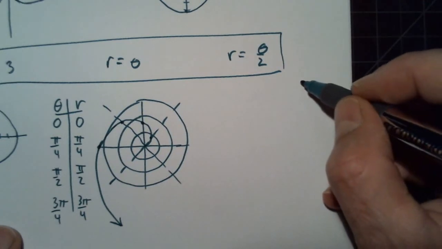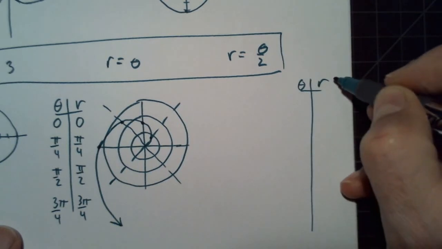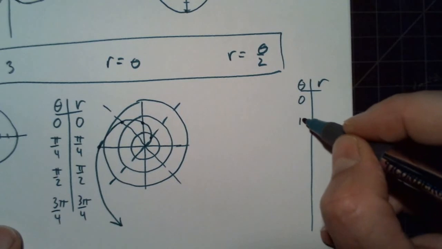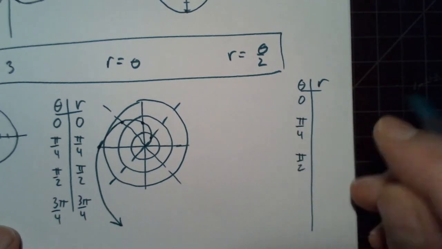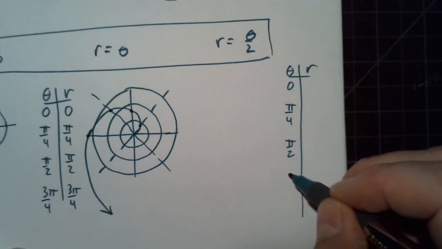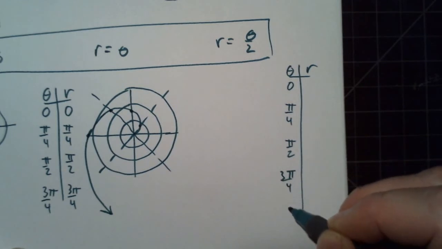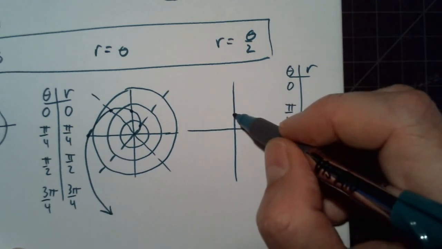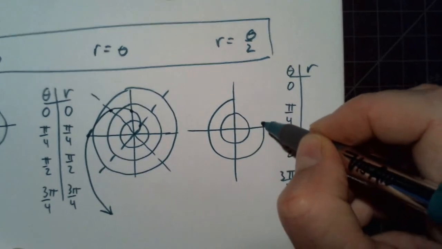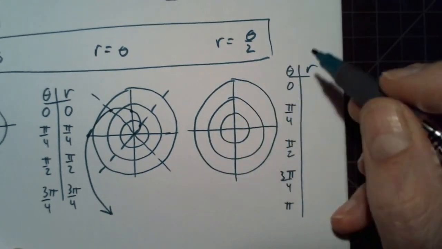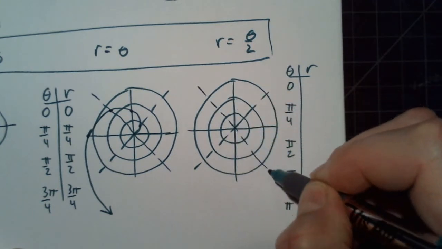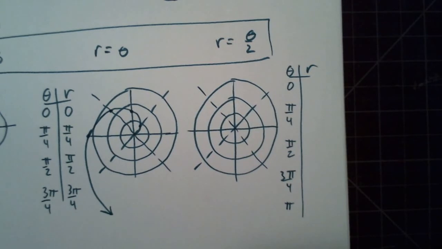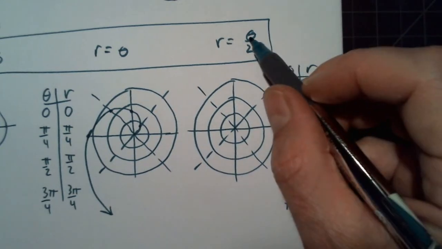So let's look at theta and r. 0. We're just going to divide this by 2.